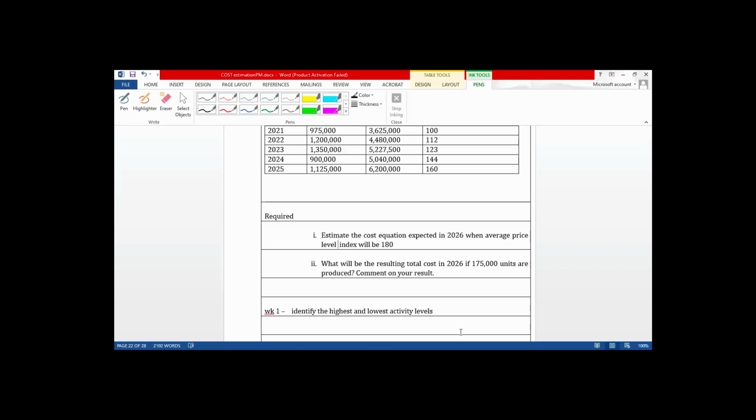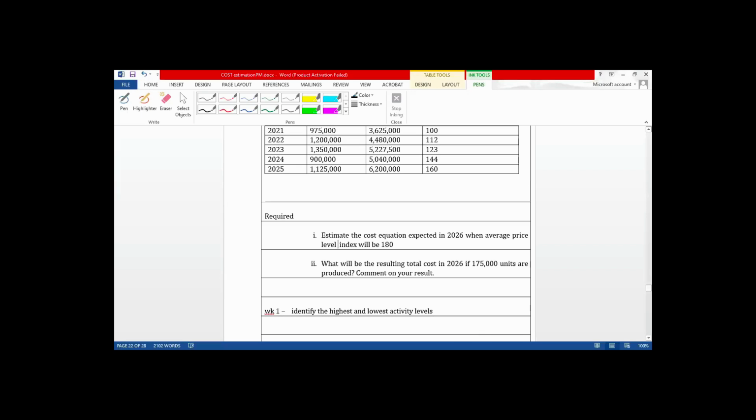So in 2026, the price level index will be 180. That means you must adjust this cost to the 2026 price level index. Now, how do we adjust the cost?